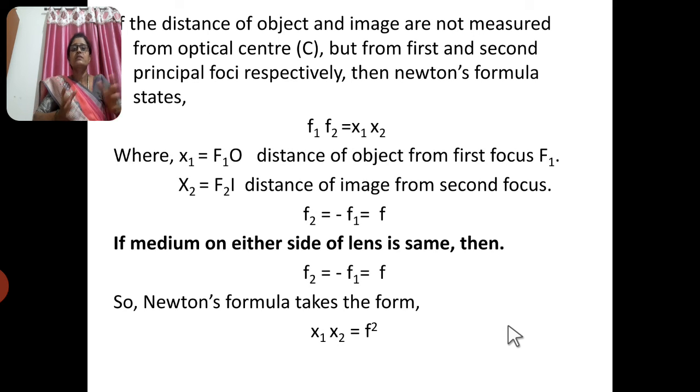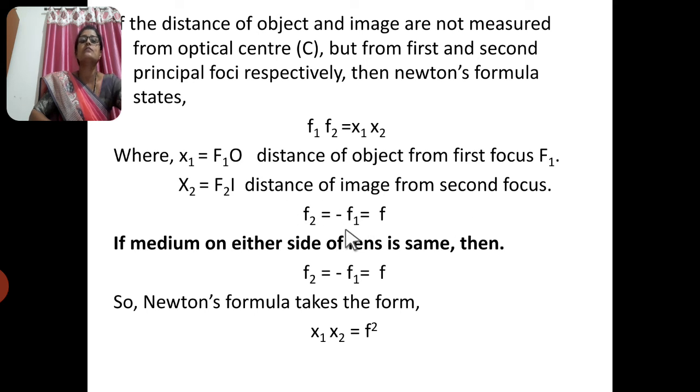If the distances of the object and the image are not measured from the optical center but from the first and second principal foci respectively, then Newton's formula states F1 F2 is equal to x1 x2, where x1 equals F1O, that is the distance of the object from the first focus F1, and x2 equals F2I, the distance of the image from the second focus.